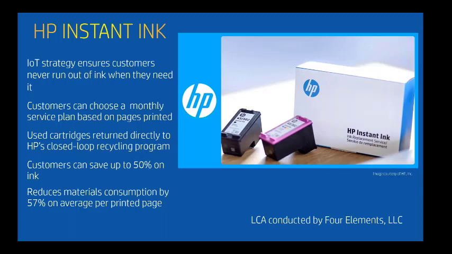It was actually the fear of running out of ink in the middle of a print job. So this was a program that was developed to make sure that a customer always had ink on hand at any time without having to worry about running out of it and having to jump up and run to Office Depot or something like that to get a cartridge at the last minute.